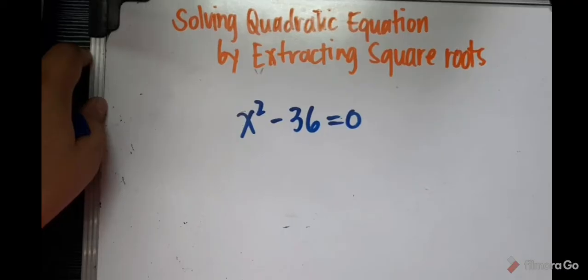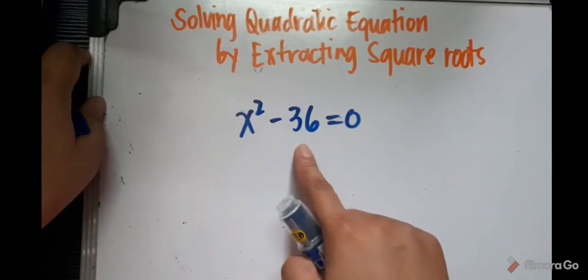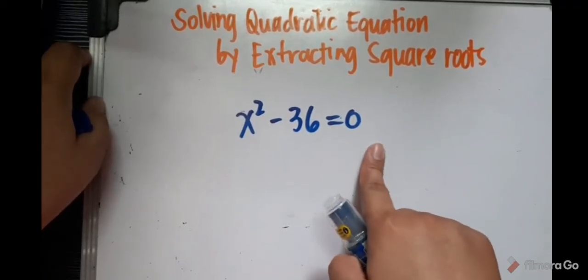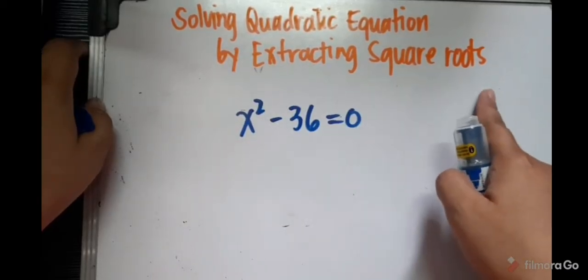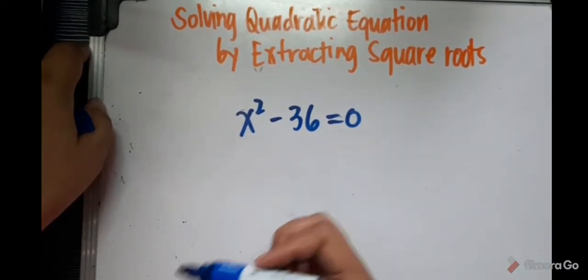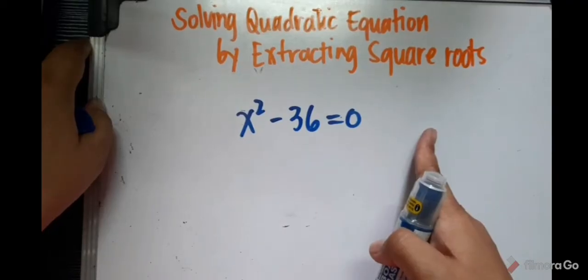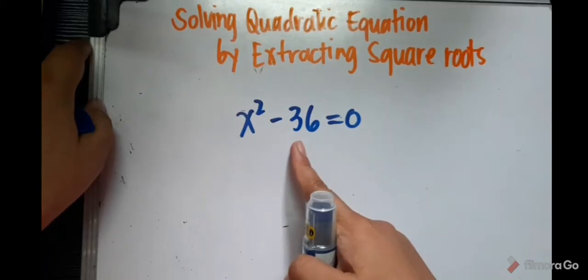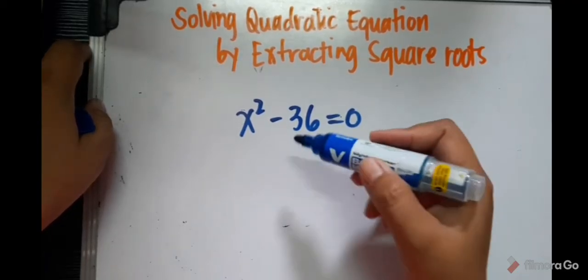Okay, for our next example, given x squared minus 36 is equal to 0. We are going to use extracting the square roots. Okay, first, we need to move this negative 36 to the other side of the equation. So what are we going to add to negative 36 to make it equal to 0?